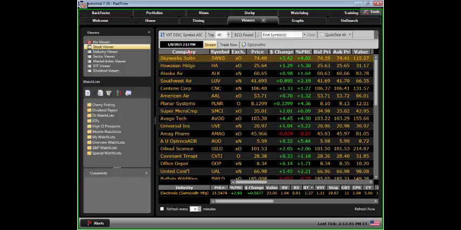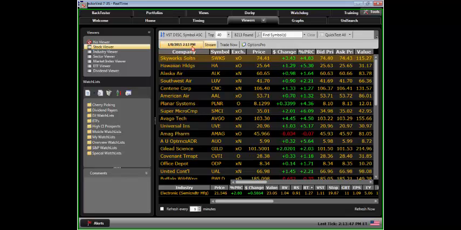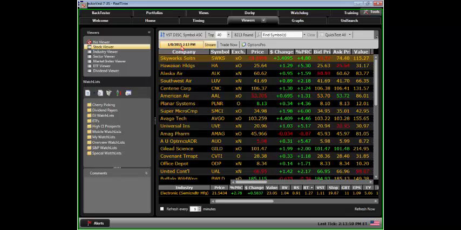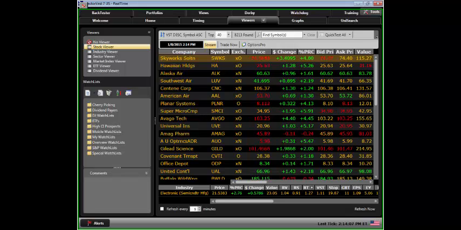If you're on real time, it'll give you real-time data. If you're on intraday, it'll still tick away like this. Tick, tick, tick. All the numbers will change, but it'll be 15 minutes in the past. And if you have an end-of-day service with us, for example, if after the 10 weeks you choose to go with our end-of-day service, all this information will show yesterday's closing price.